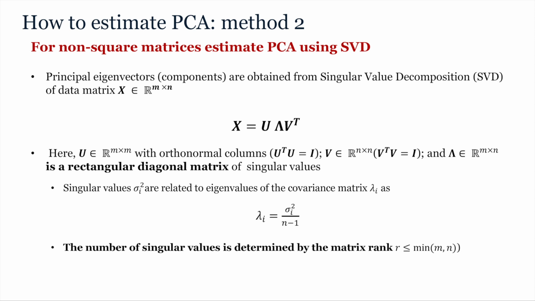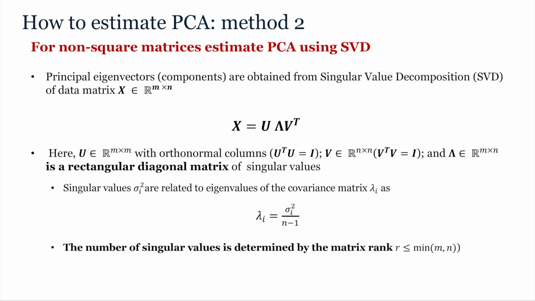So SVD supports eigendecomposition of non-square matrices expressed in the following way. This factorizes data matrix X into three matrices, where U are the left singular vectors. These are orthogonal, so U transpose U is equal to the identity. Lambda here represents a rectangular diagonal matrix of singular values. I will show you what this looks like on a later slide.